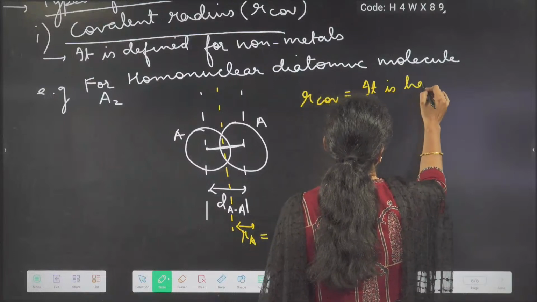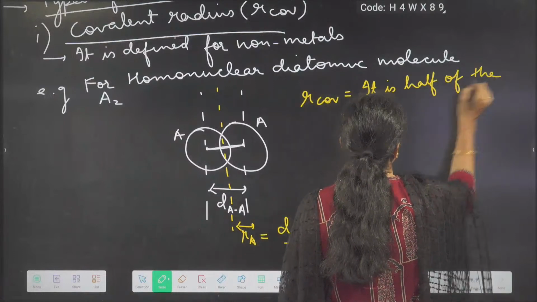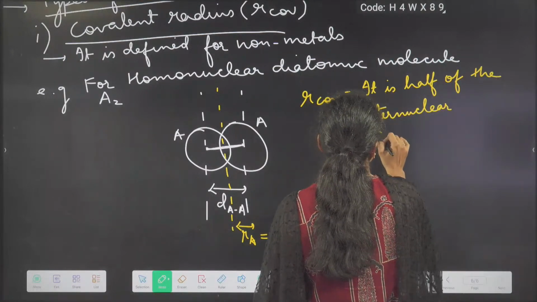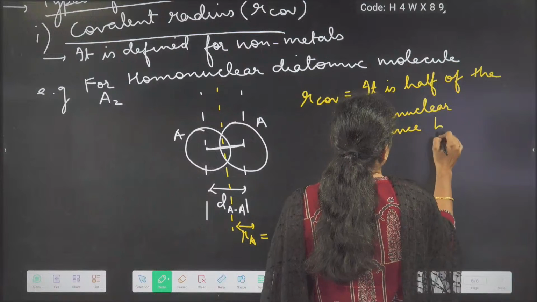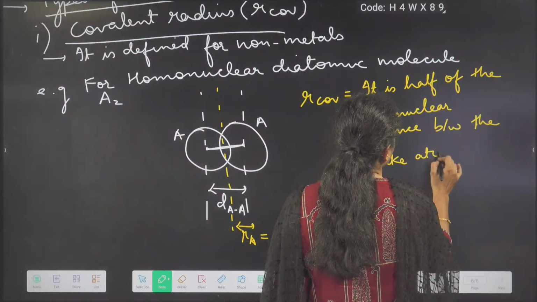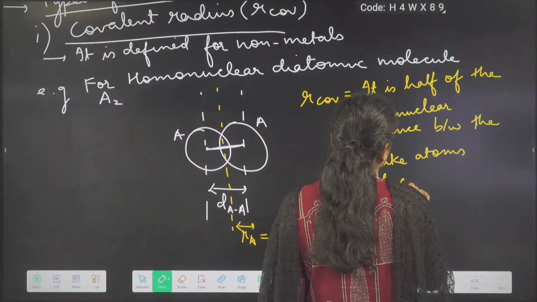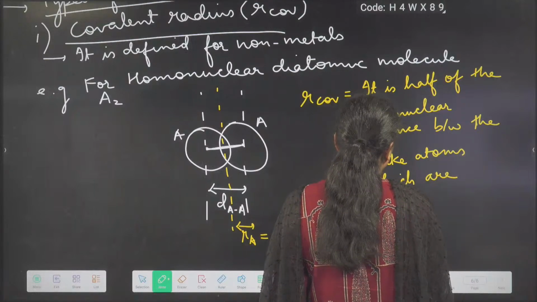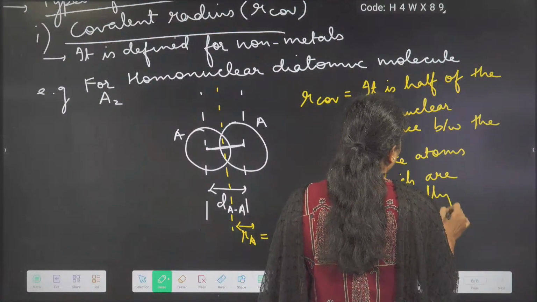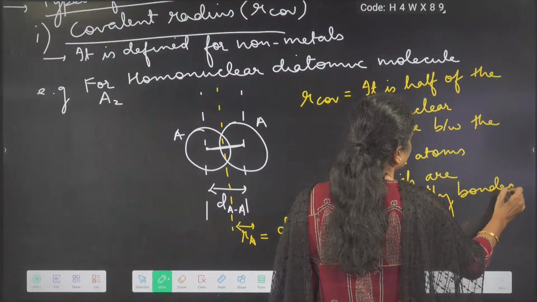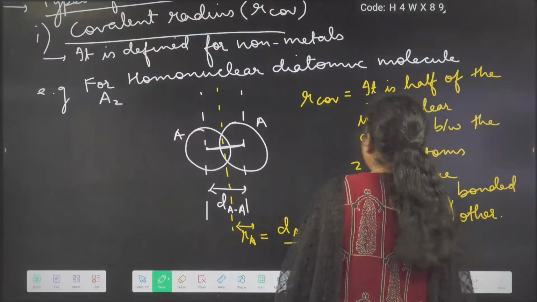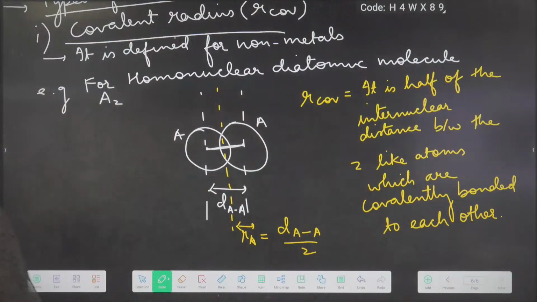It is half of the internuclear distance between the two like atoms which are covalently bonded to each other. Write this down, then we'll proceed further.